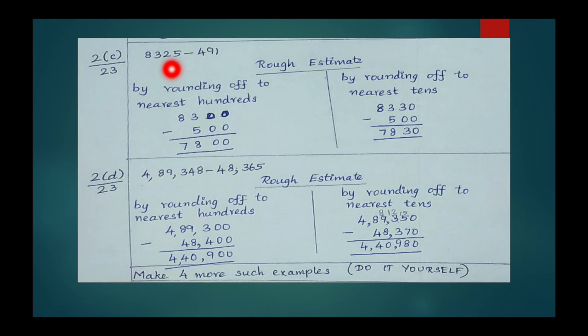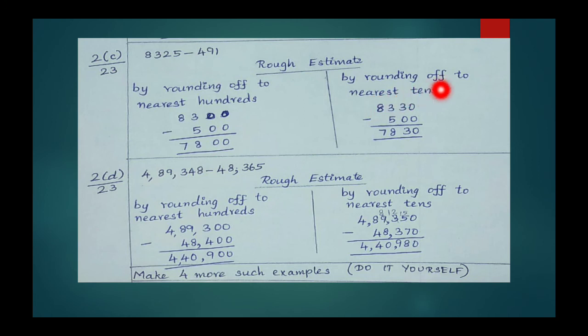Since it is less than 350, the mid value, it is rounded down to 300. 491, it lies between 400 and 500. 491 is greater than 450, the mid value, so it is rounded up to 500. 8,300 minus 500 is equal to 7,800.